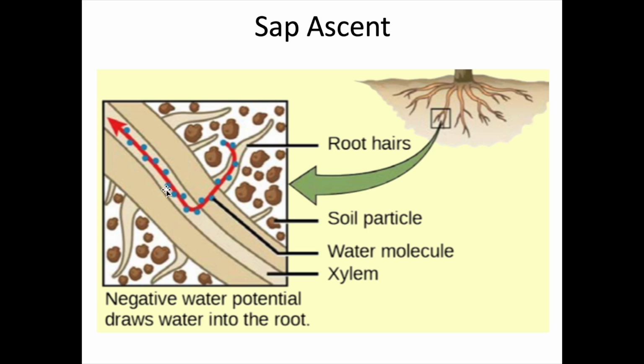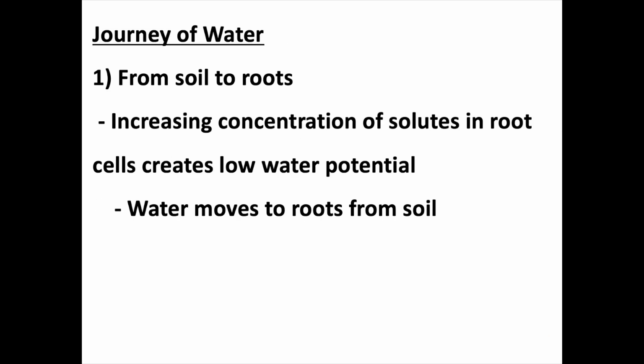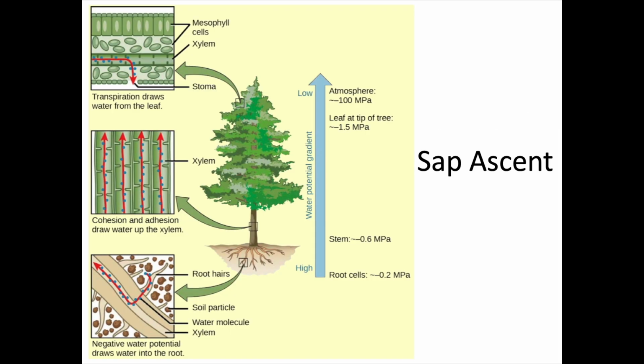Water is just going to naturally flow into the root. Importantly, they don't have to spend any energy to do this. This is happening for free because water just naturally moves from high water potential to lower water potential. So increasing concentration of solutes in the root cells makes low water potential. Water naturally is going to move into the roots from the soil.